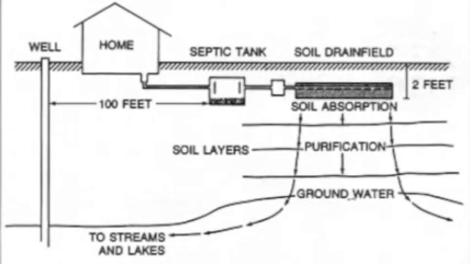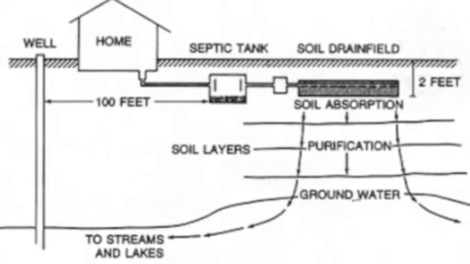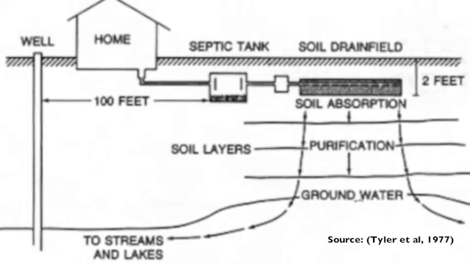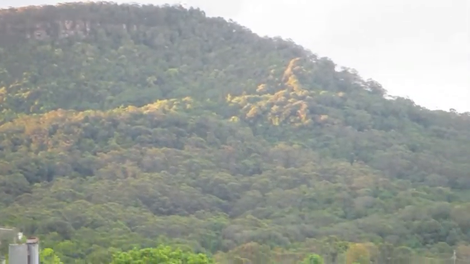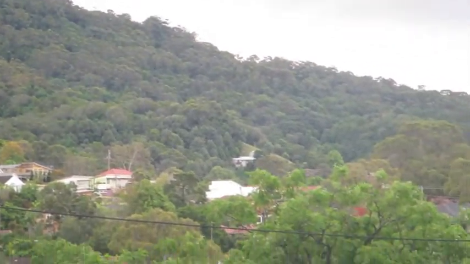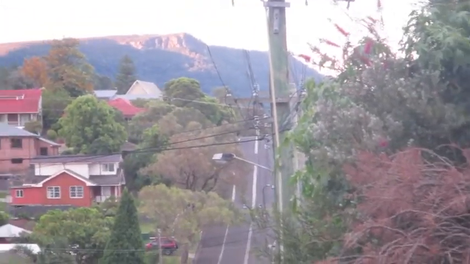In 1996, the former Hawkesbury-Nepean Catchment Management Trust asked DLWC to provide information on the capability of the area for septic trench on-site effluent disposal, as there were concerns that trench disposal systems were adding pollutants to the Hawkesbury-Nepean River system.